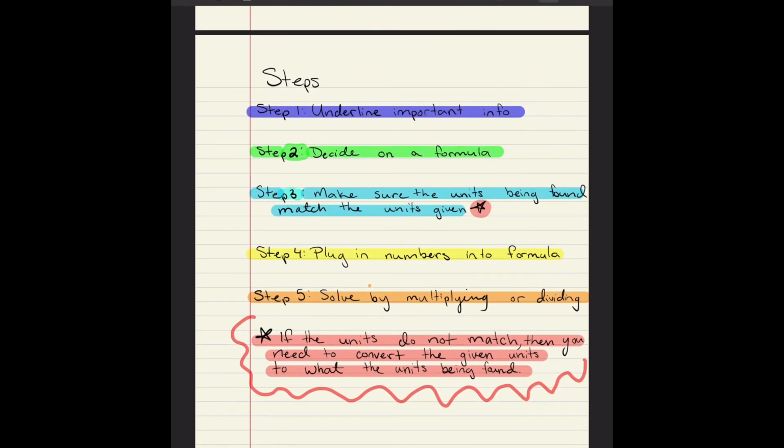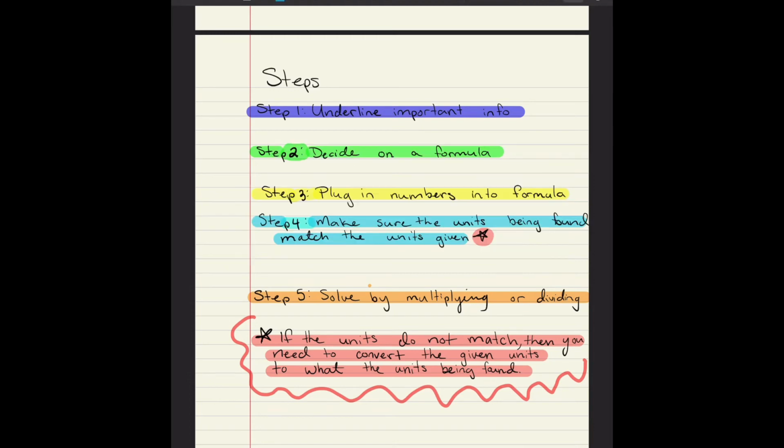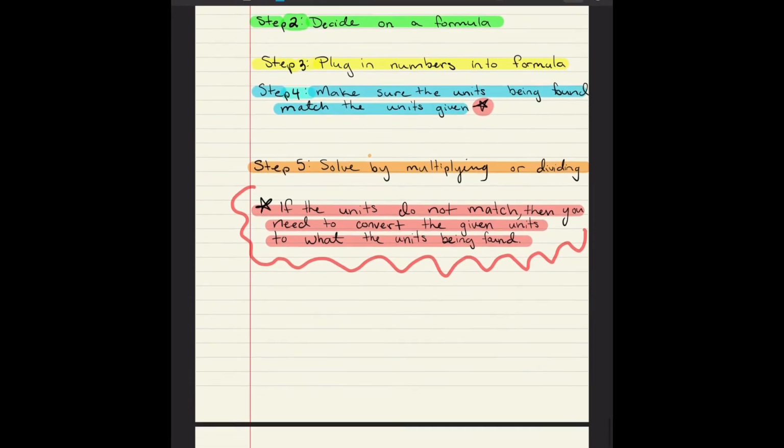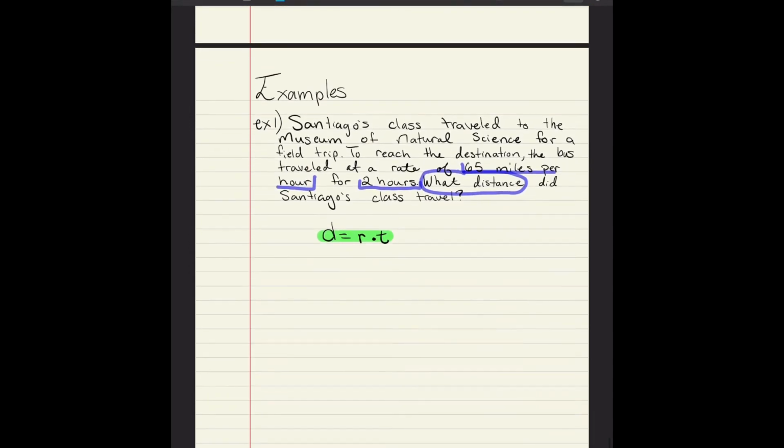And you know what I'm gonna do, you guys? I'm gonna switch step 3 and 4. I want to plug those numbers in first and then look at the units. So now let's do the real step 3, which is plug the numbers in with the units. We are finding distance, so the D is going to stay the same.